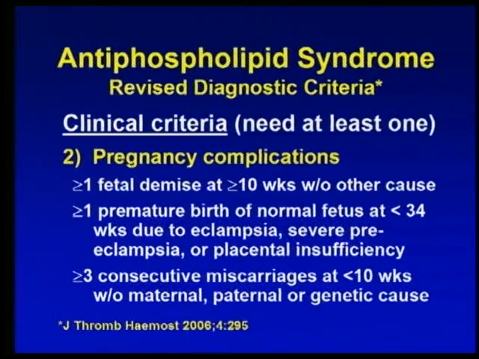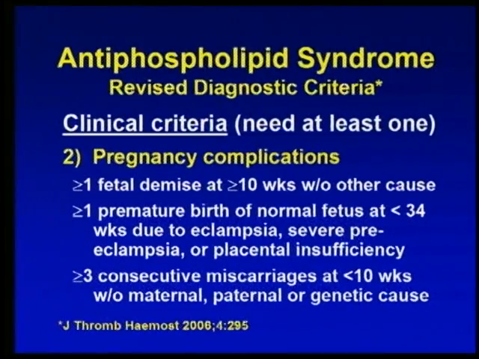The second major clinical complication, one of which could fulfill the criteria, is pregnancy complications. So a late fetal demise at greater than 10 weeks without underlying cause, either genetic or maternal cause, a single premature birth of a normal fetus at less than 34 weeks of gestation due to eclampsia, severe preeclampsia, or placental insufficiency.